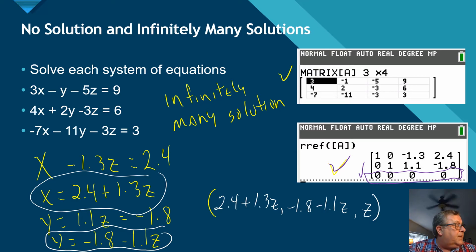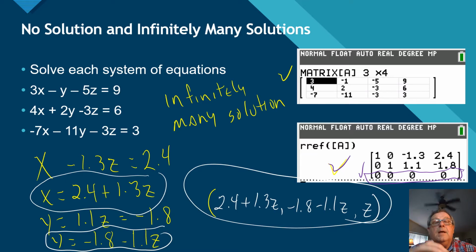So we would have infinitely many solutions, and we would write our solution in this form right here. Let's move to the next slide and look at another system.